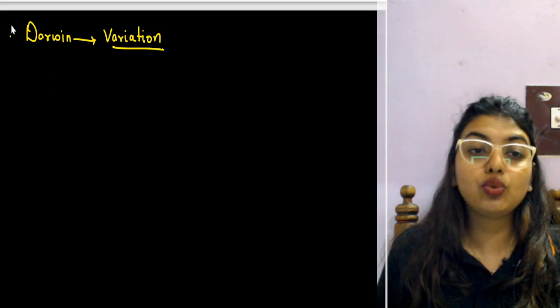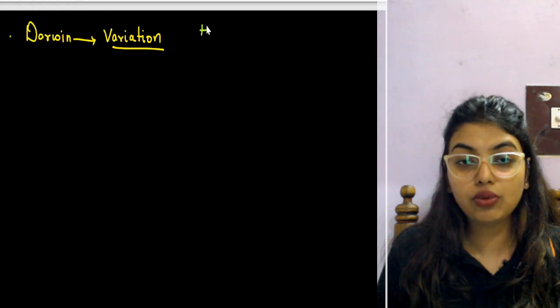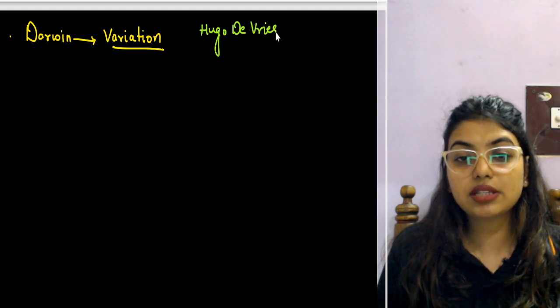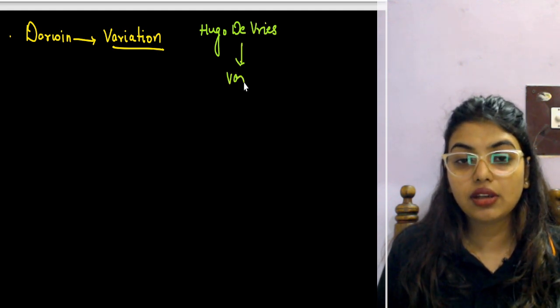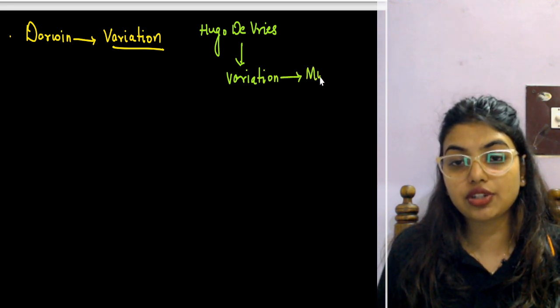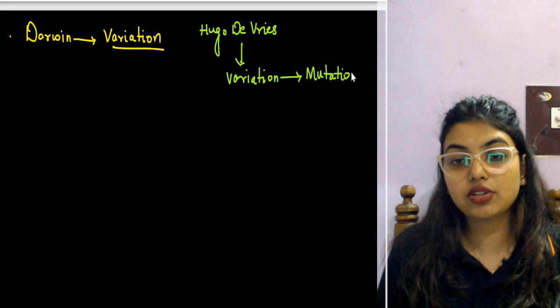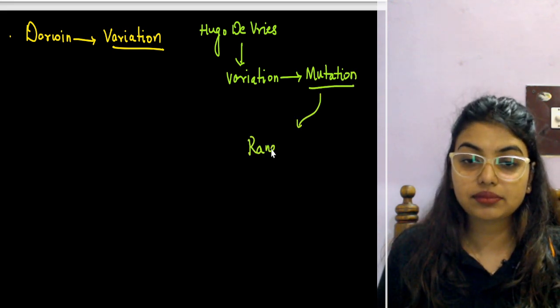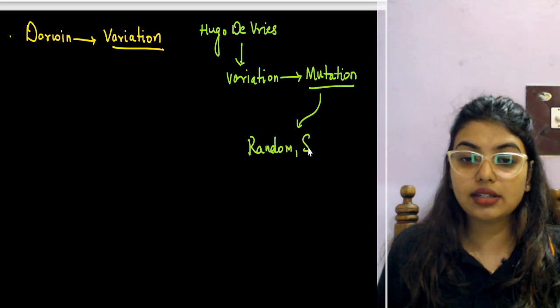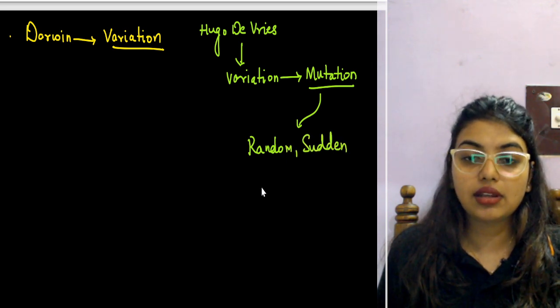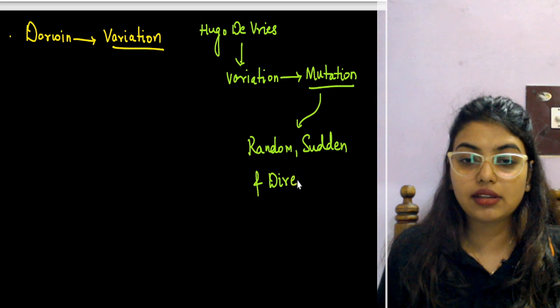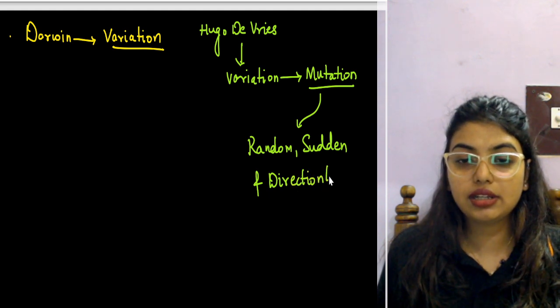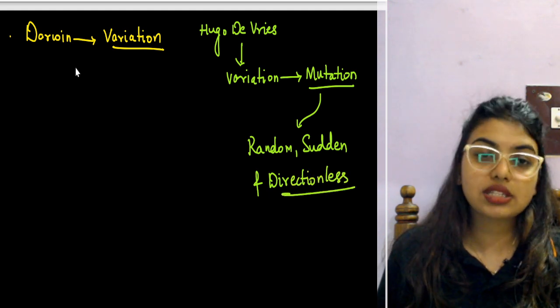Then a scientist called Hugo de Vries was the person who told that variation happens because of mutation. Now mutation, he told, is random, sudden and directionless. This is what was according to him.